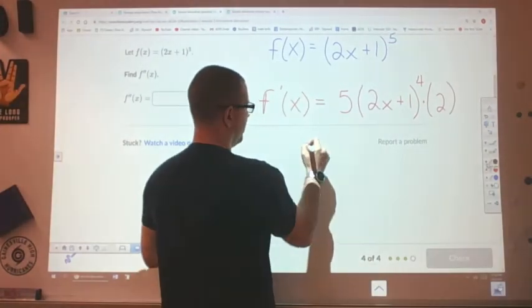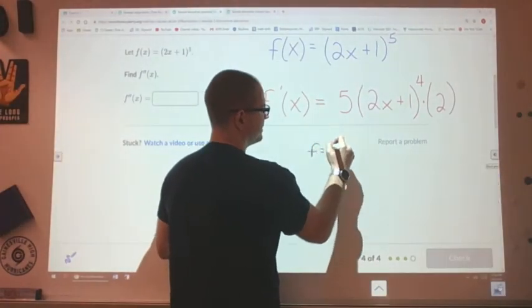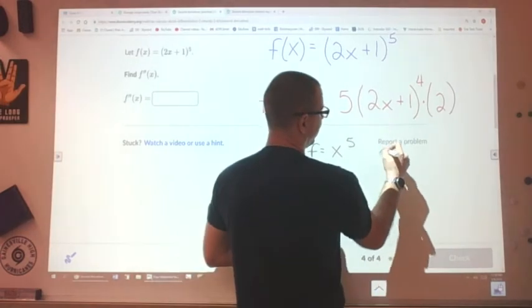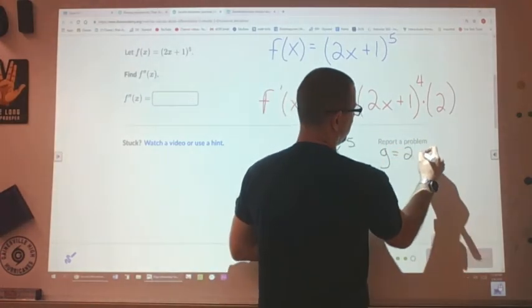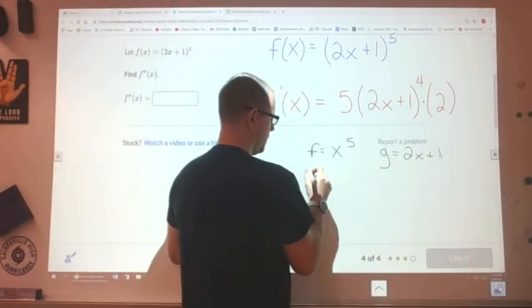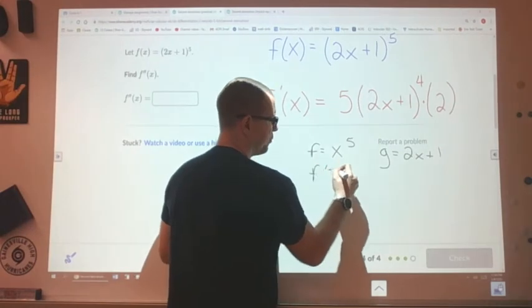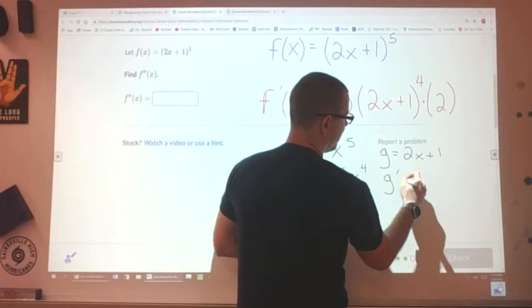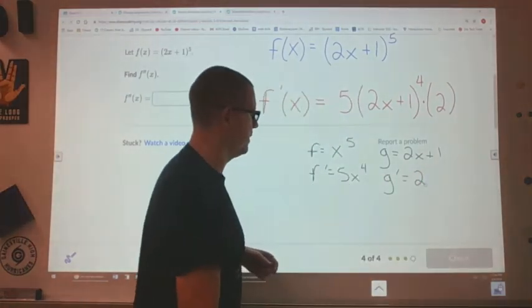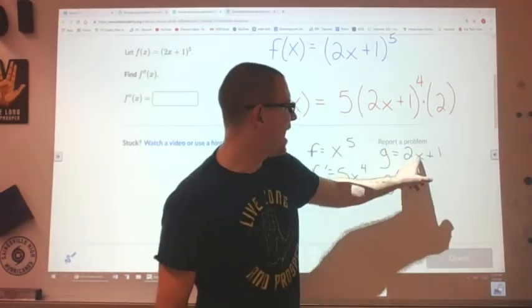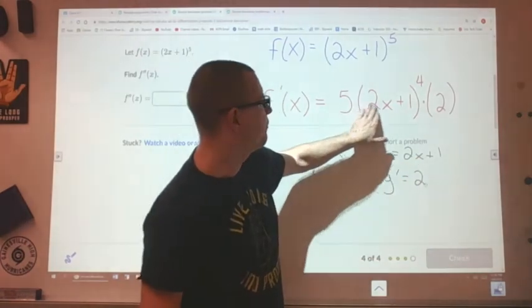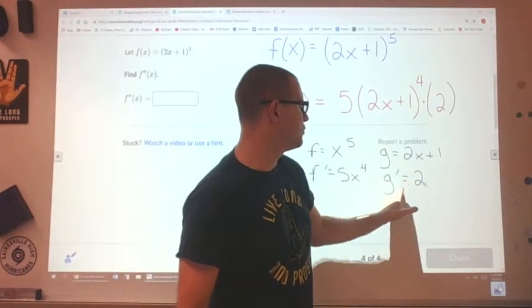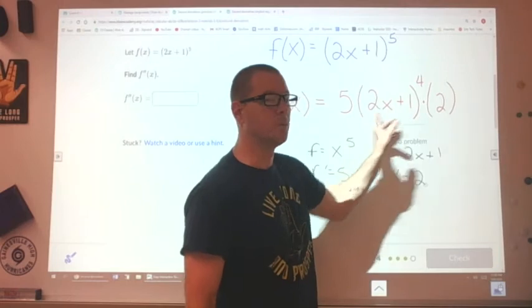If we did f as x to the 5th and g as 2x plus 1, then f prime would have been 5x to the 4th, g prime is 2. And if we did f prime at g times the derivative of g, that's what we get.